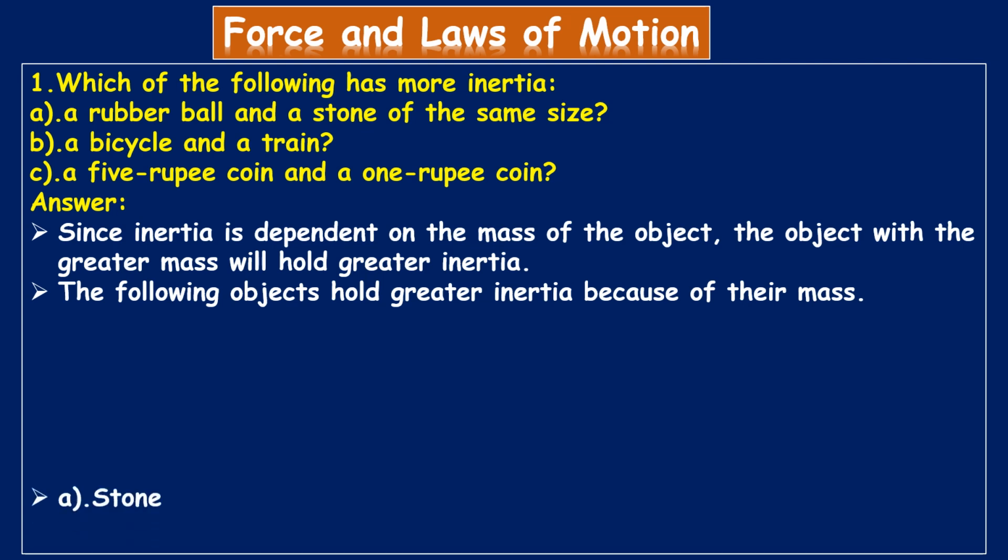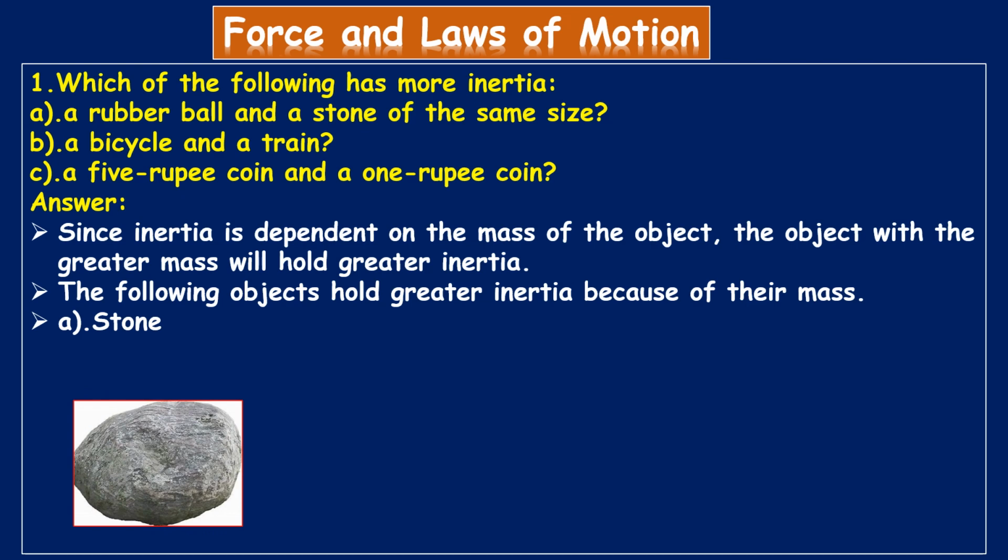A stone. Between a rubber ball and a stone, the stone has higher inertia since its mass is more than a rubber ball. Though they are the same size, a stone has more mass than a rubber ball. That's why its inertia is more. Right? Second one, train.